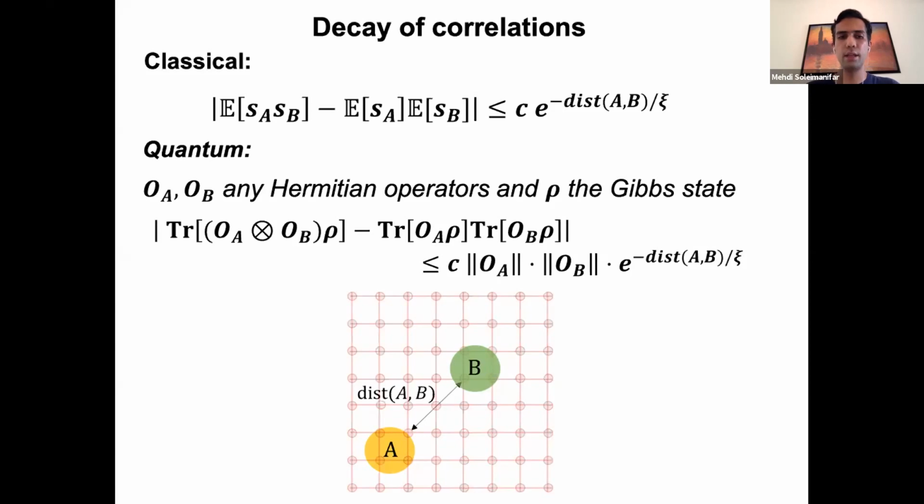So as long as OA, OB, and rho are all diagonal in the same basis, this basically reduces to what we had with the classical covariance. But in general, these are just arbitrary Hermitian matrices. They don't need to be diagonal in the same basis. And this is because of the way measurements work in quantum mechanics: we have observables, and the way we have access to correlations is through these Hermitian operators. And we say that the quantum Gibbs state has the decay of correlation property if this correlation on the left-hand side is decaying exponentially with the distance.